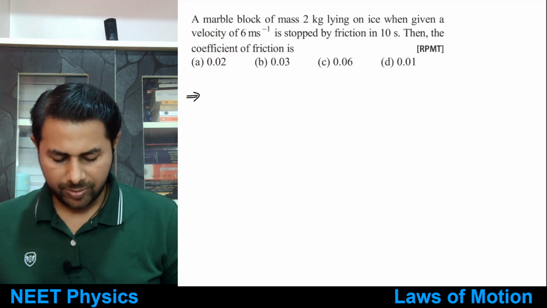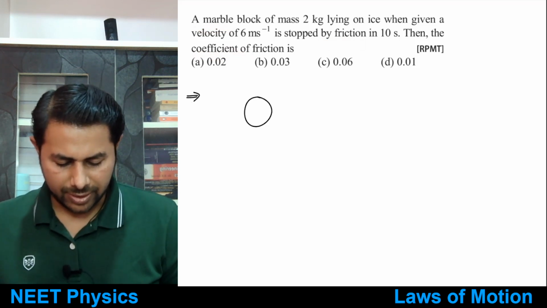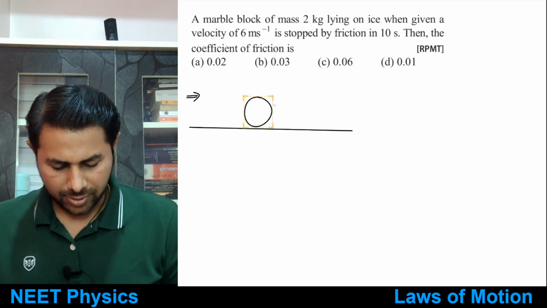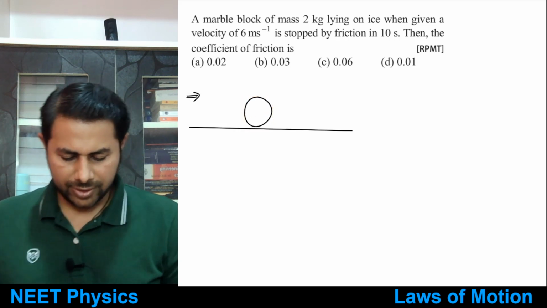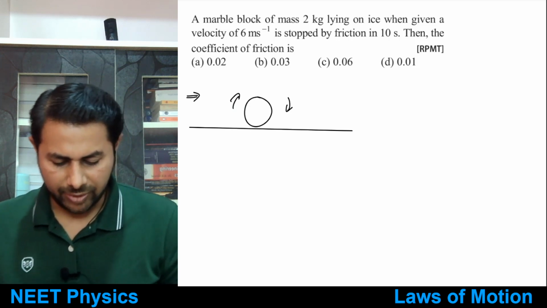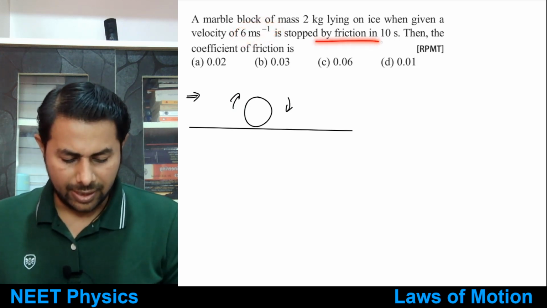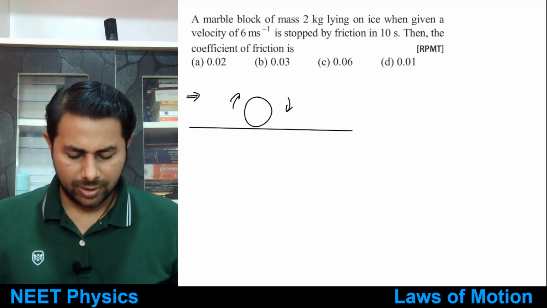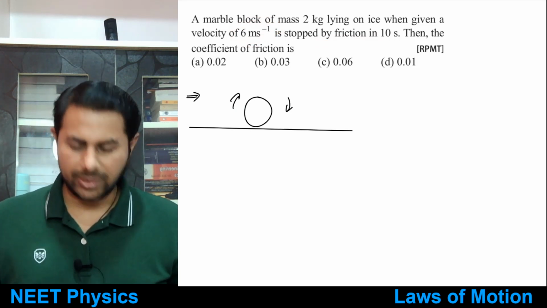So there is a marble block which is sliding on ice with some initial velocity of 6 meters per second, and it is stopped by friction in 10 seconds. So what is the coefficient of friction?